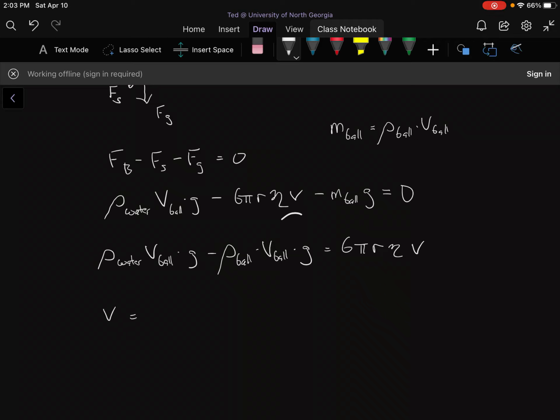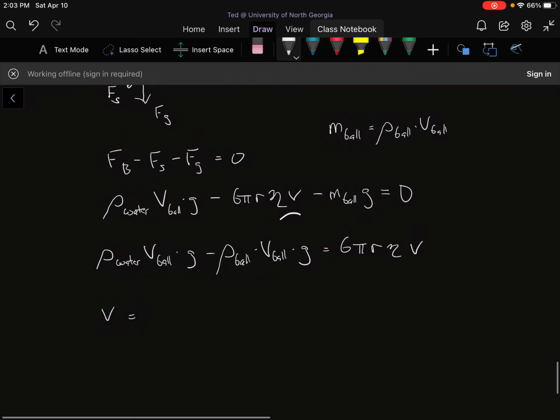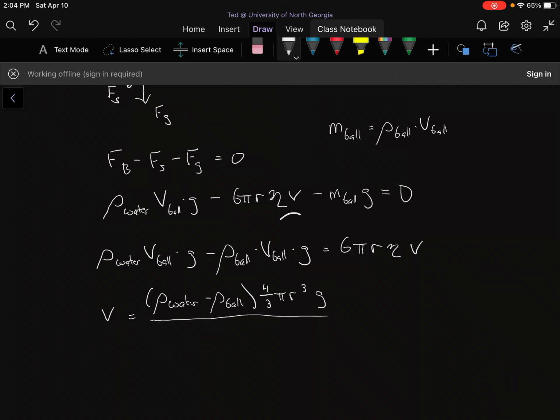So my velocity is equal to, and I'm going to combine these two terms, the density of water minus the density of the ball times the volume of the ball, and the volume of a sphere is 4/3 pi r cubed, times g, divided by 6 pi r eta.